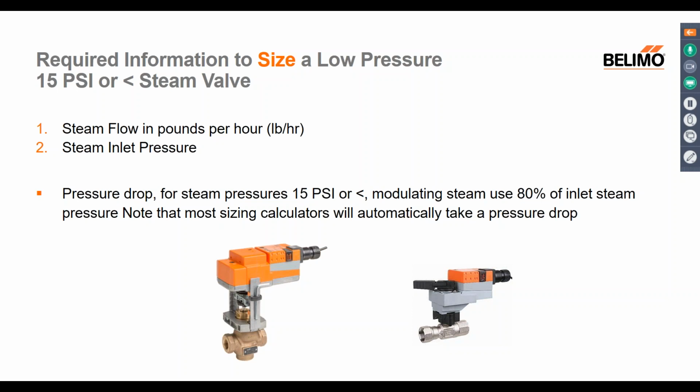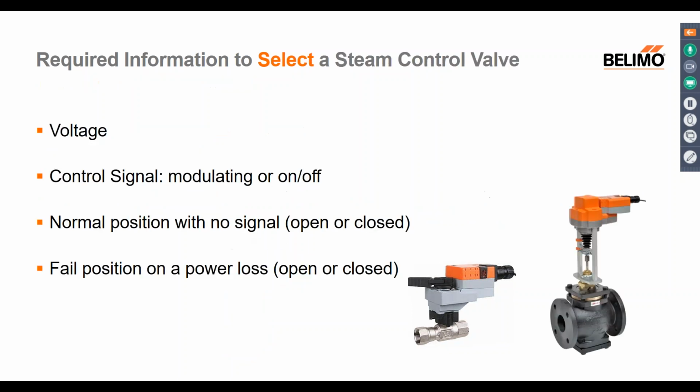And the other thing I like to point out is in this note here on the bottom, most calculators, I've never seen a calculator that didn't take 80% of the drop. So then we have to know, what do we want our valve to do? We have to know the voltage, because we're talking control valves. Is it modulating, proportional, or is it on-off?